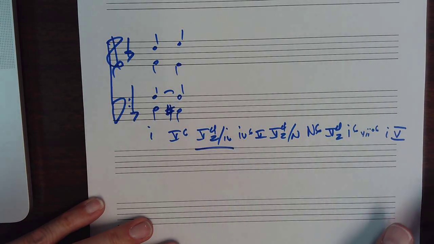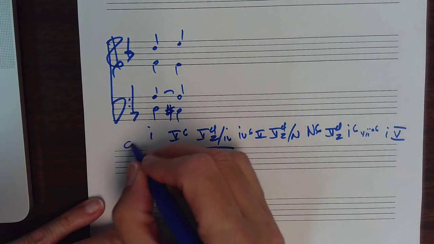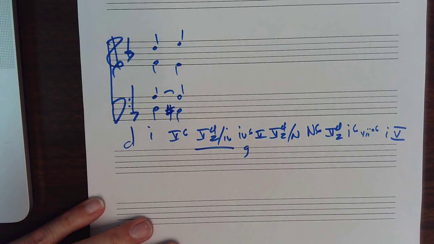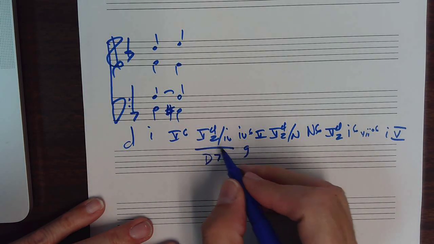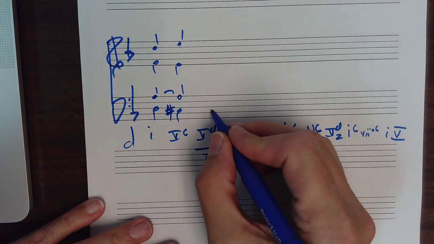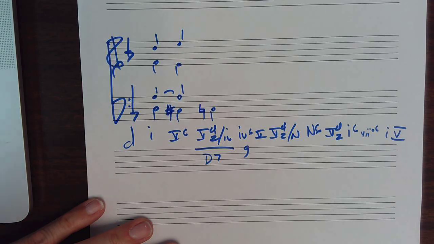Now we want 5, 4, 2 of 4. 4 in the key of D minor is G minor. Okay, so we're going to need a D7 chord right here. And so it's D, F sharp, A, C, and the C is in the bass because it's a 4-2.